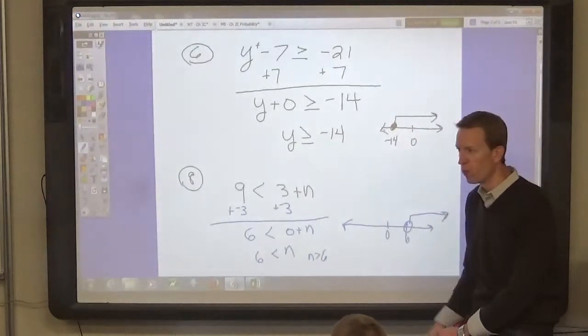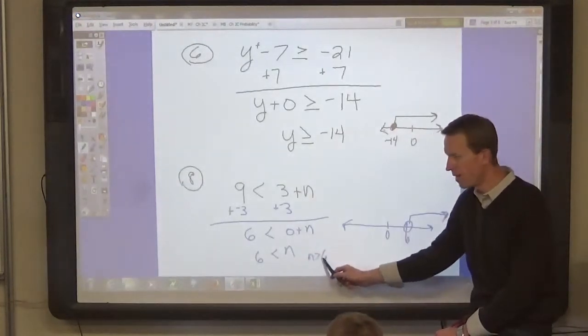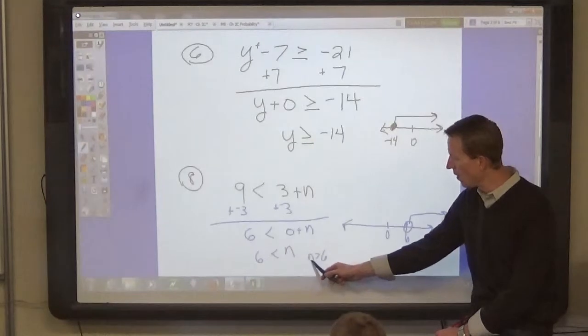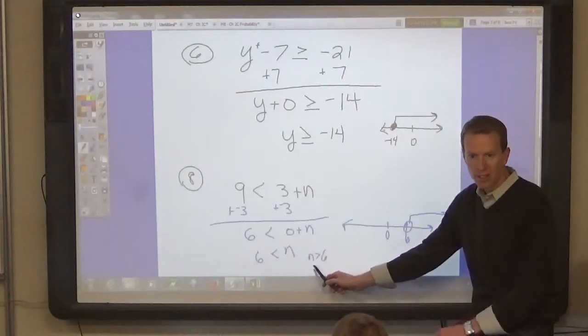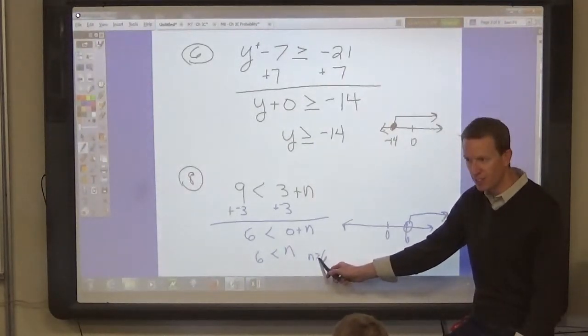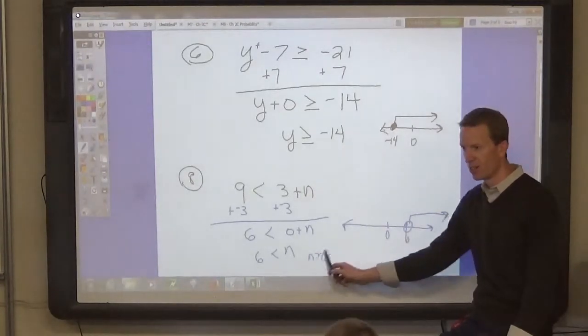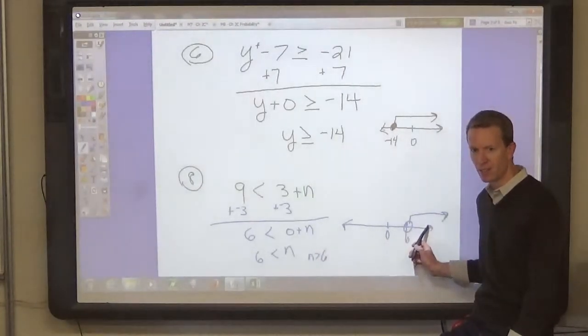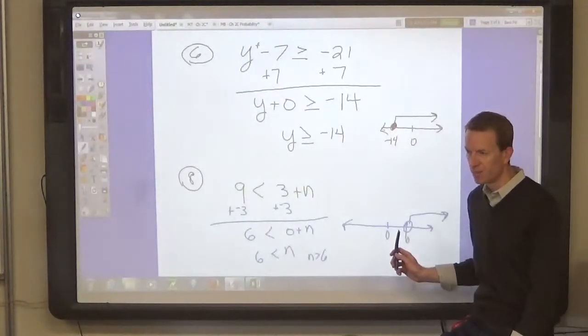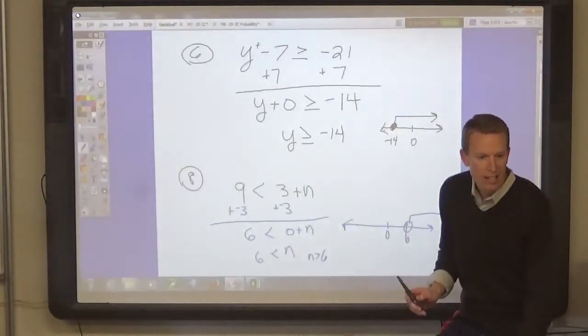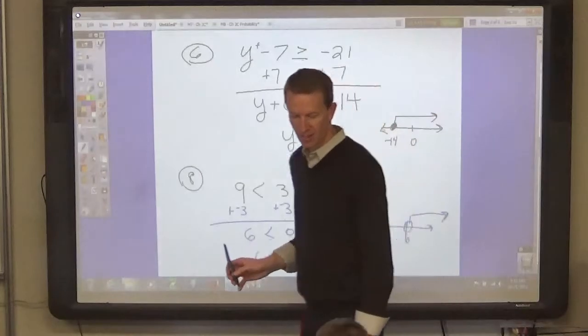If we turn this around, it means n is greater than 6. When the variable is written first, remember that the point of the symbol and the shading go the same direction. They're both pointing to the right. Okay? Any questions on that?